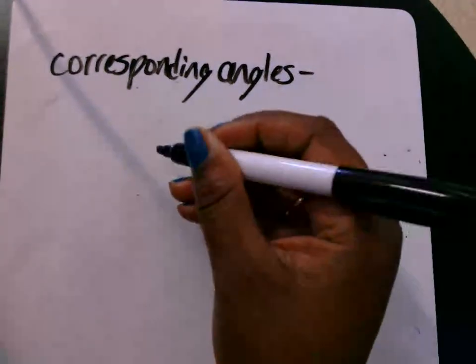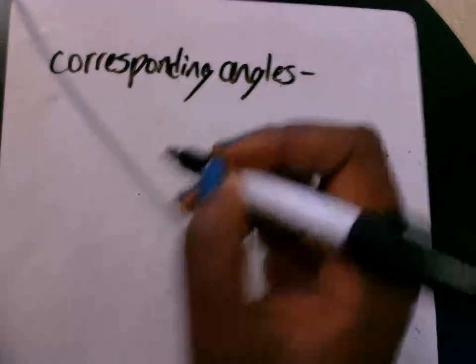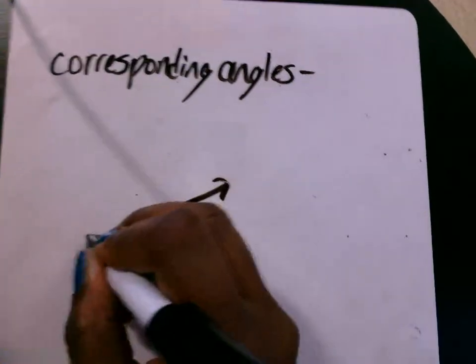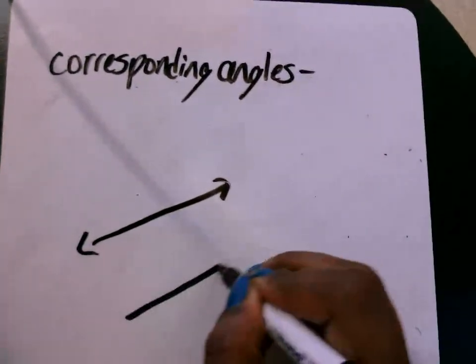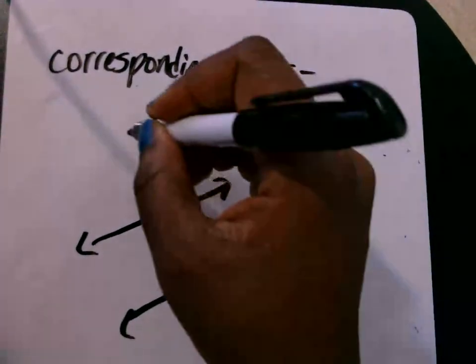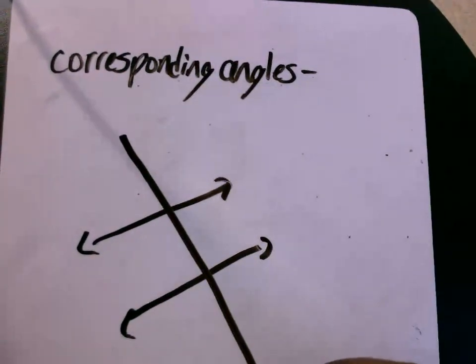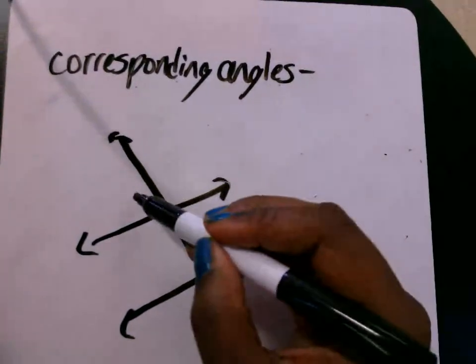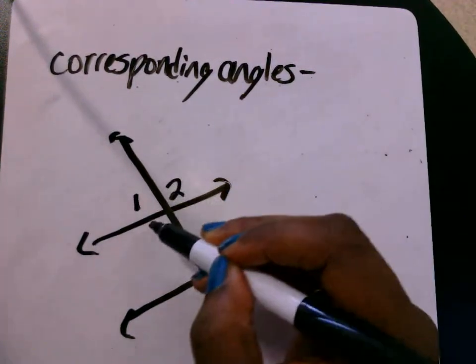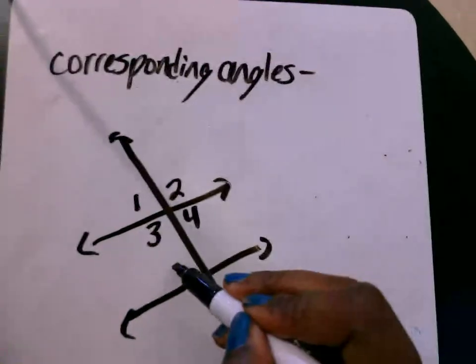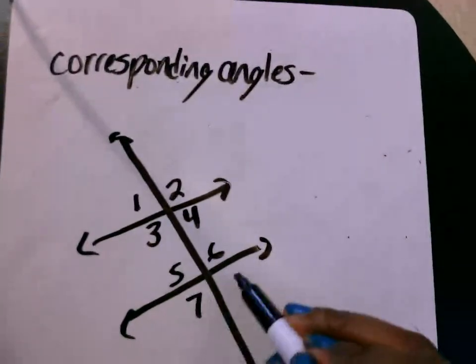Give you a hint. If I have two parallel lines cut by a transversal T, I'm gonna label this angle 1, 2, 3, 4, 5, 6, 7, and 8.